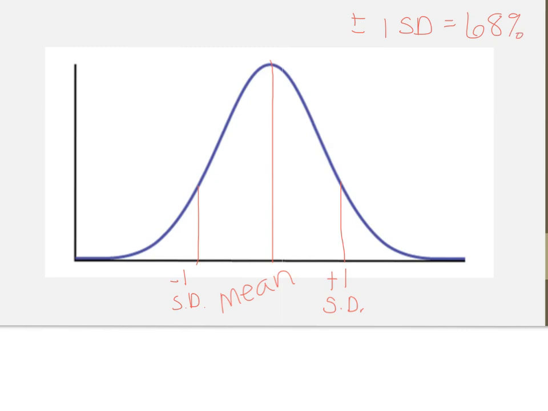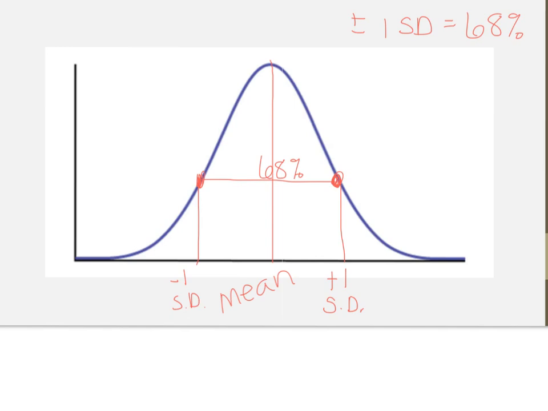So what does that mean? That means that 68% of the students, if these are test scores, scored in between whatever those two scores are. If you know the mean and you calculate the standard deviation, you add it to the mean to get out here and subtract your standard deviation value to find this value out here, and that tells you that 68% of all of your data points fall within these two numbers.